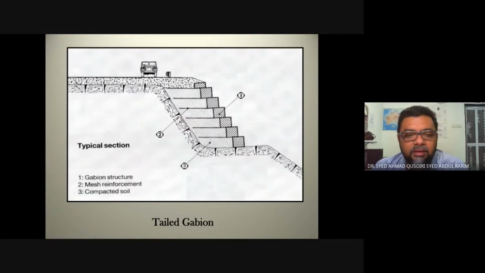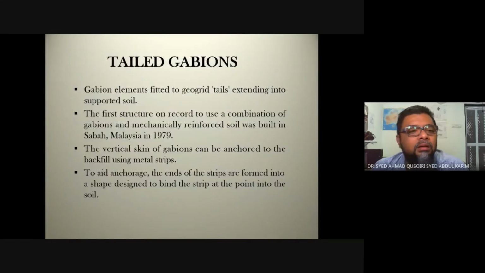Okay, you can see here. Gabion element fitted with geogrid tail extending into the supported soil. The structure was built in 1979. Okay. So the vertical skin of gabion can be anchored to the backfill using metal strips.